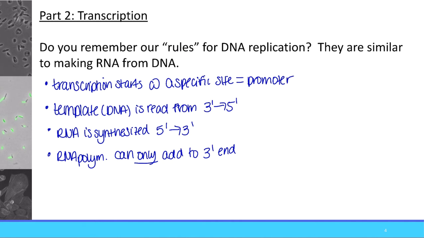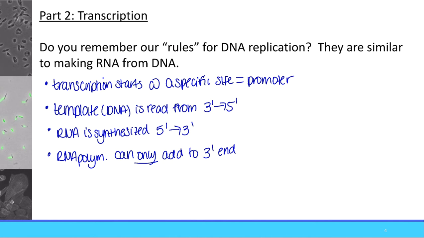The key difference is that in DNA replication, the goal is to just copy the DNA. That is all, and it is only used when we are ready to undergo mitosis and meiosis, in the S phase of the cell cycle. And we use a DNA polymerase because we read DNA and make DNA.